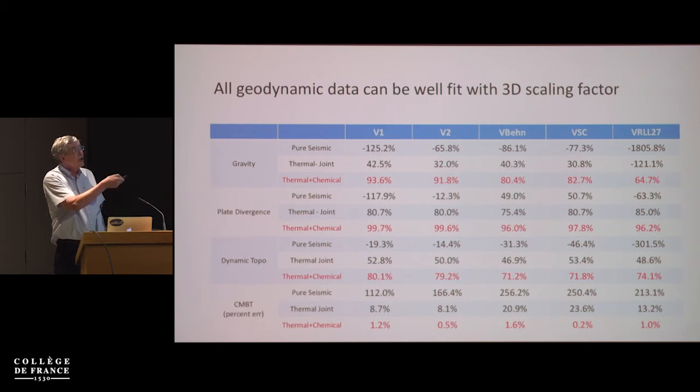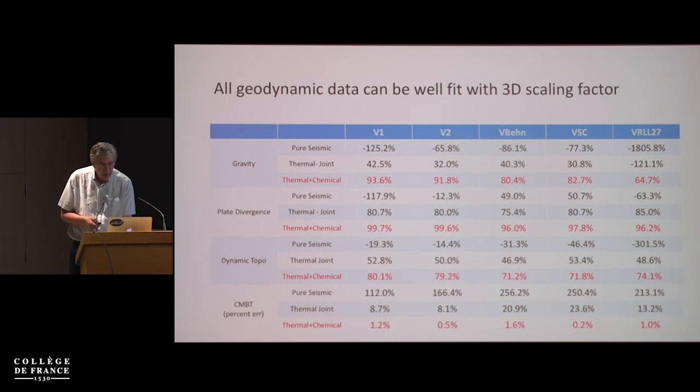These viscosity models were derived doing this process, so it's a little unfair comparison there, since they were tuned to fit this kind of data, whereas the other models were not, but still quite good fits to the gravity data. Plate divergence, very well fit. Dynamic topography, a little bit less fit, but 80% variance reduction in this case.